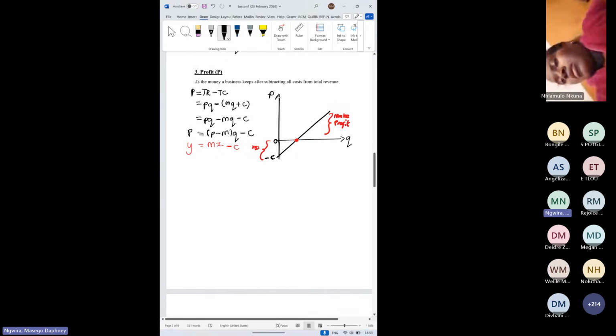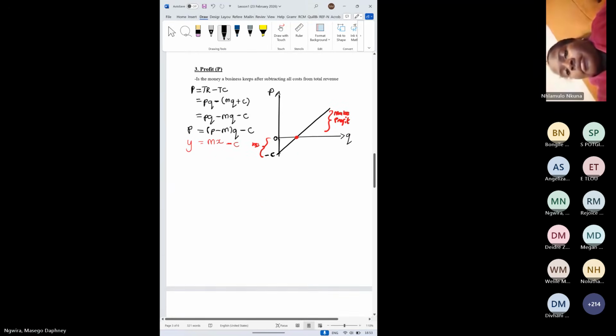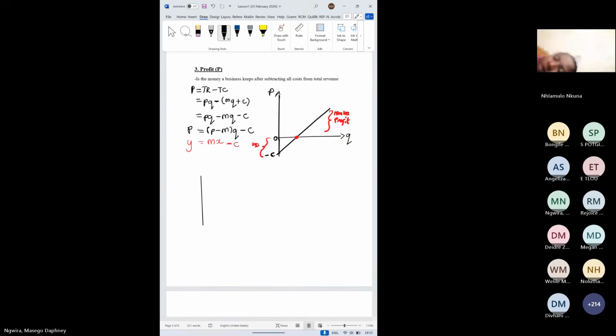So if we combine the graphs, I'm not going to name the horizontal and vertical lines because I'm combining all the graphs. Remember, for profit, the total cost, this part is TC.